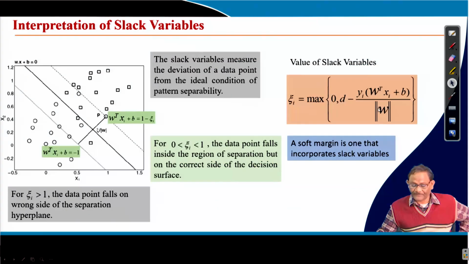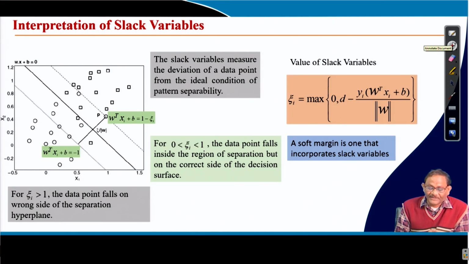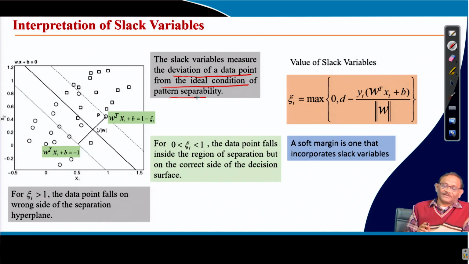So with this I want to explain the meaning of the slack variable. What does the slack variable actually measure? The slack variable measures the deviation of a data point from the ideal condition of pattern separability. What ideal condition do we assume? We assume that the ideal condition is completely linearly separable, but that is not the case. So now it is not completely separable.